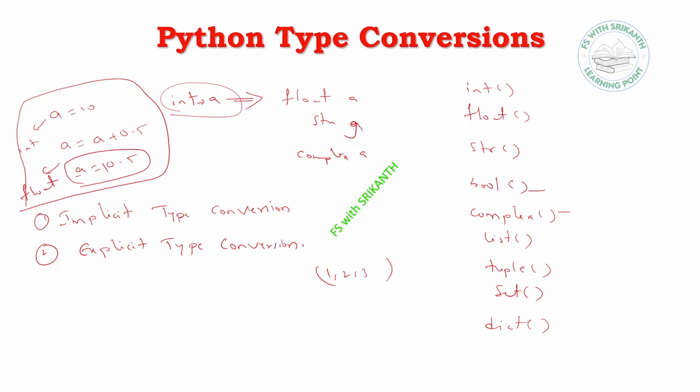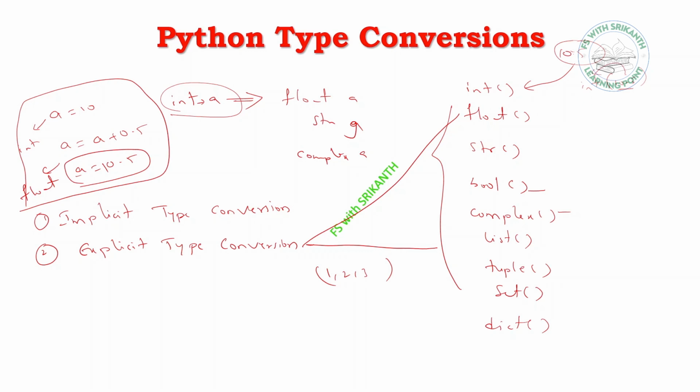When you use all these methods, we are doing explicit type conversion. Suppose you have a string value, or a complex value, or 10.5, and you want to convert it to int. It is possible. Int of 10.5 means we convert a float value to an integer.